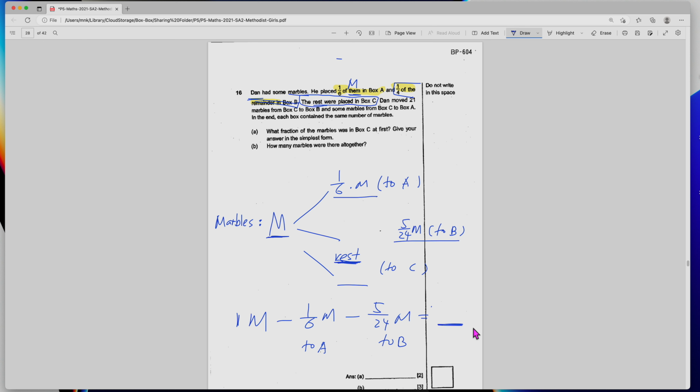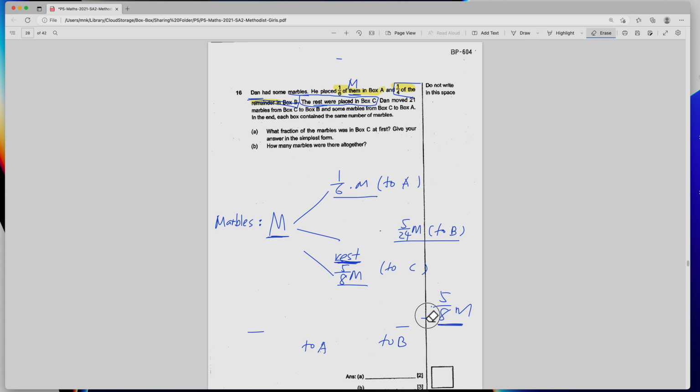Let me show you. 5/8, okay, good. So it's 5/8M, because you start with M, so you must end with M. So it's 5/8M. Okay? So now what it says. So then move 21 marbles from box C to box B. Okay, good.